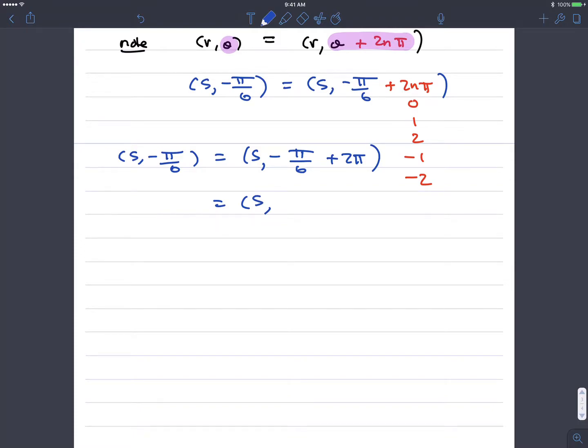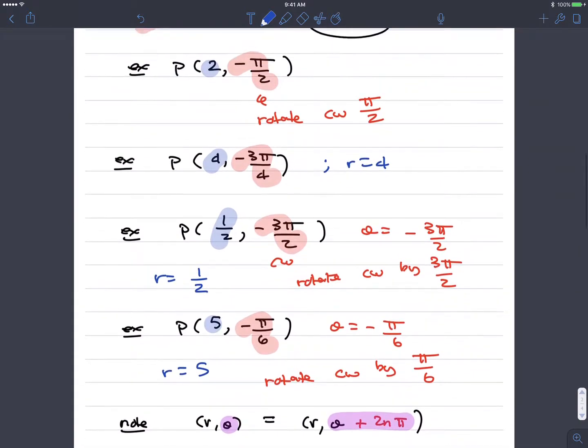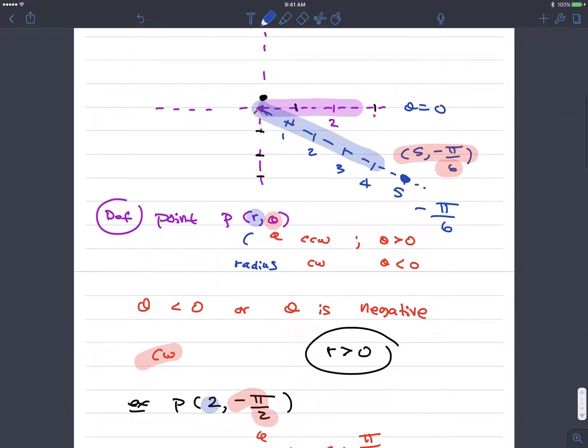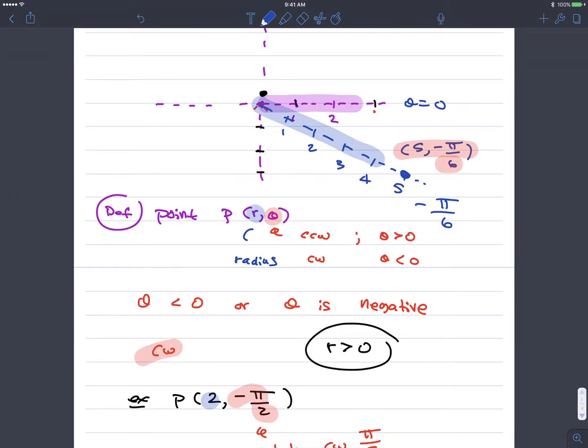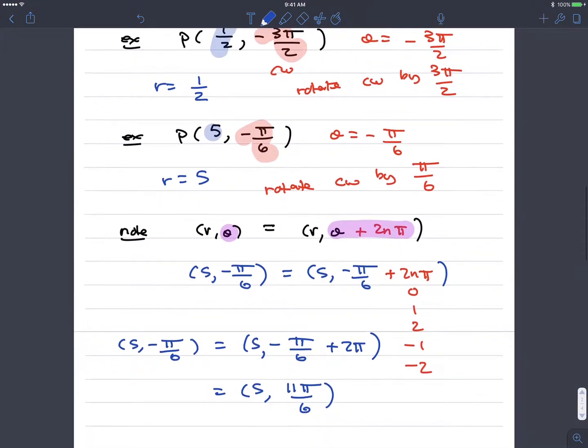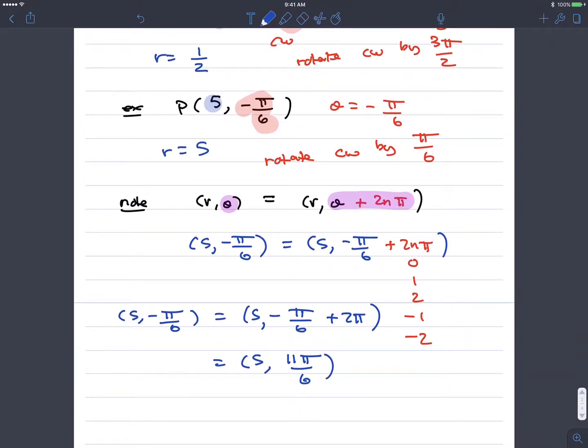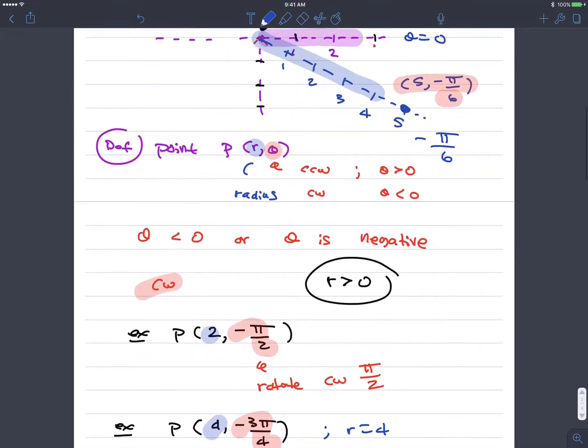The answer is yes. What does negative pi over 6 plus 2 pi become? It's going to be 11 pi over 6. You're right. The final answer will be 11 pi over 6. Good. And that's a positive angle. No big deal. So you took the radius now of 5, and you rotated counterclockwise 11 pi over 6, I guess. Is that right? Is that what we said? 11 pi over 6? Okay.